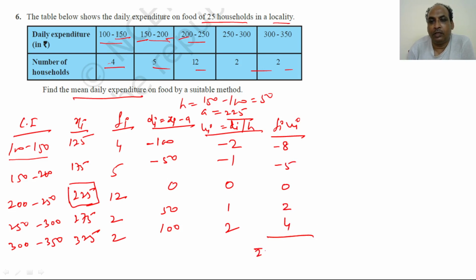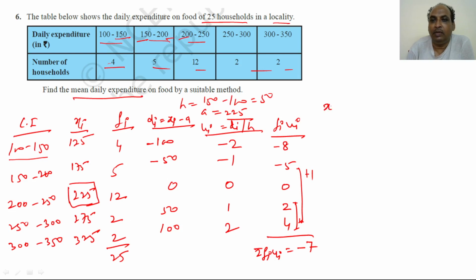We will go for sigma fi ui is equal to, so 4 plus 2 is 6, and 6 minus 5 gives plus 1, minus 8 plus 1 is minus 7. Sigma fi is 25, already it was given 25 households. Even if we add all of them together, it will give 25 only, right?